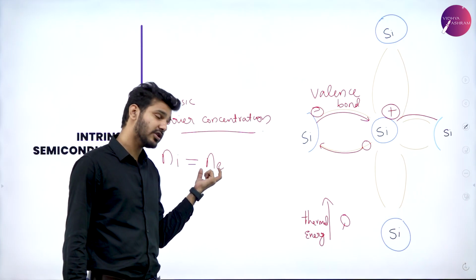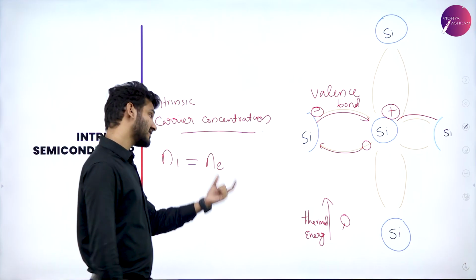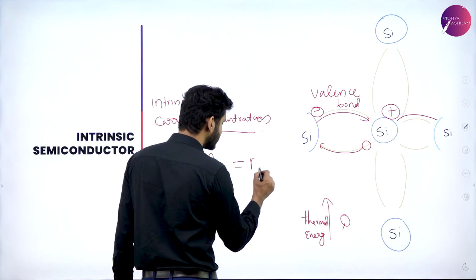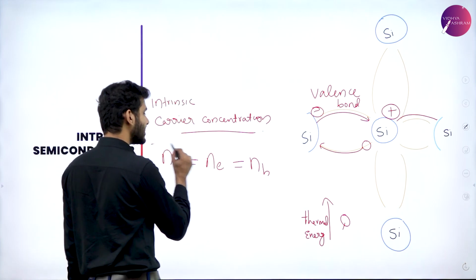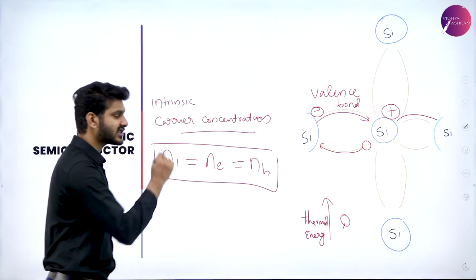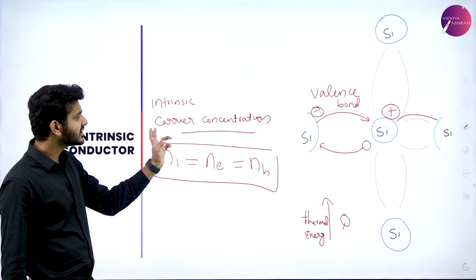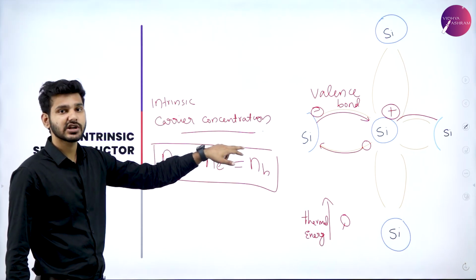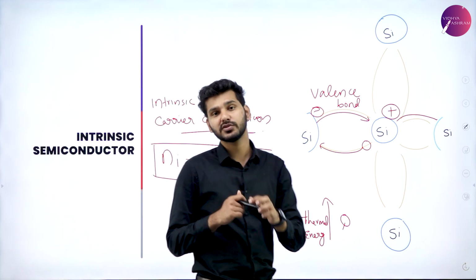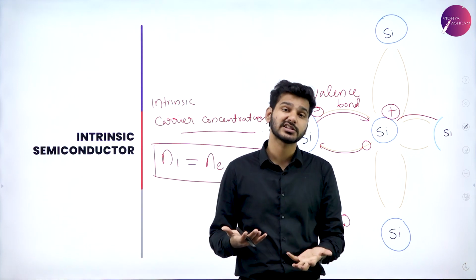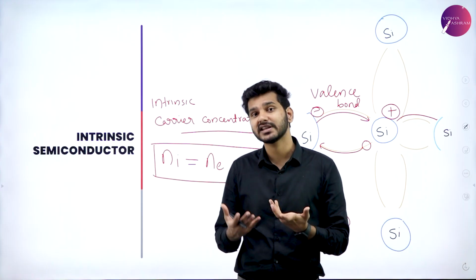But this electron concentration is also equal to the hole concentration. So in an intrinsic semiconductor, the intrinsic carrier concentration of holes and electrons will be equal to each other, which means they are equally responsible for producing electricity, or simply conductivity.